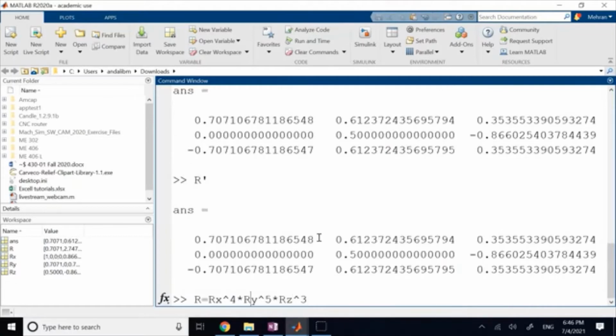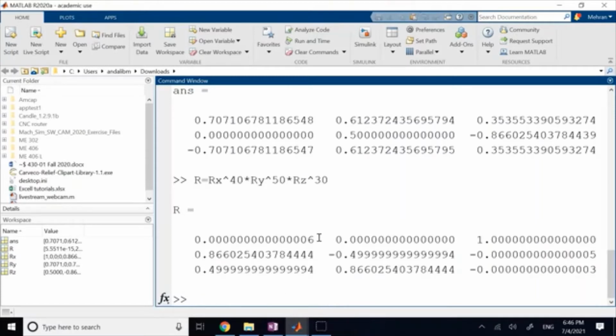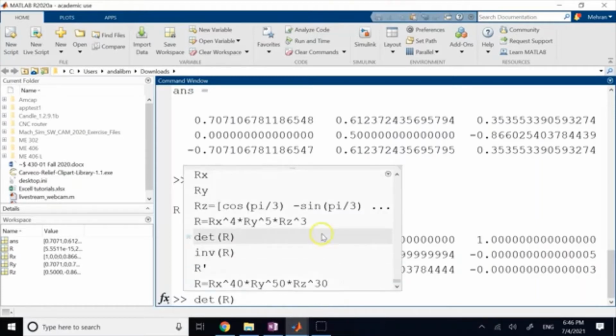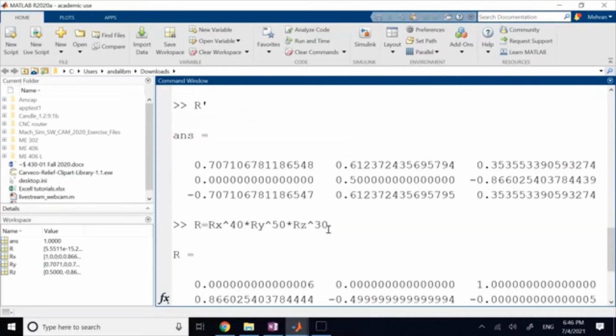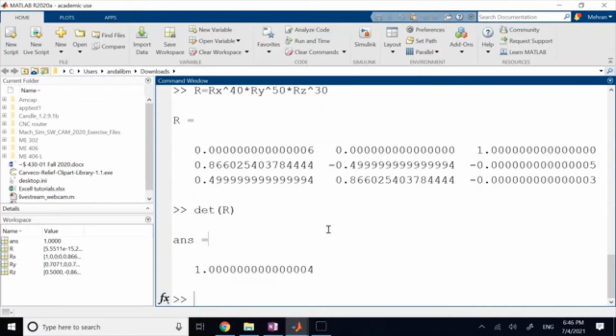Now, if I go and raise these powers a little bit and calculate the determinant again, now I start to see the errors coming up. So when we say they lose accuracy, it doesn't mean that if you multiply them a few times, 5, 10 times or so, you are going to get errors. No, this is for lots of errors.